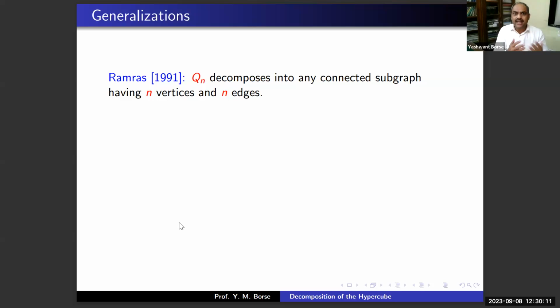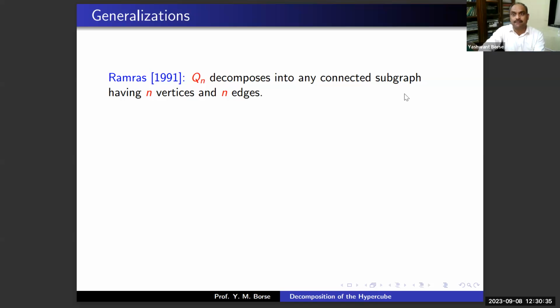Why a tree? Why not another graph of size n? Ramras in 1991 proved that Qn can be decomposed into any connected subgraph with n vertices and n edges, so it is a unicyclic subgraph.